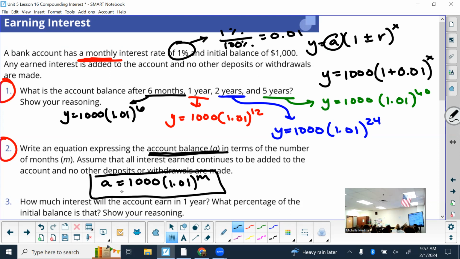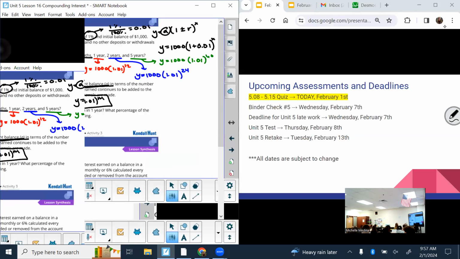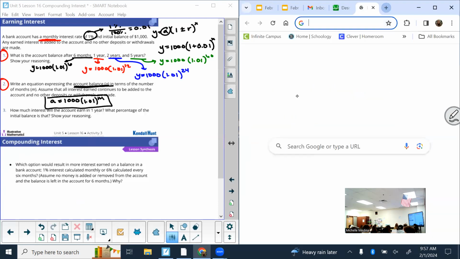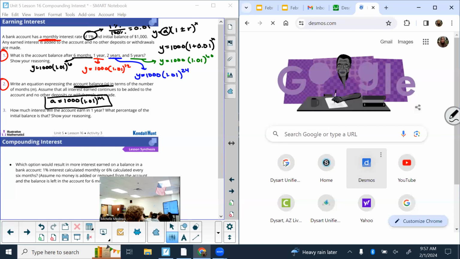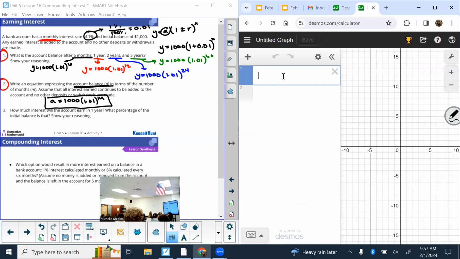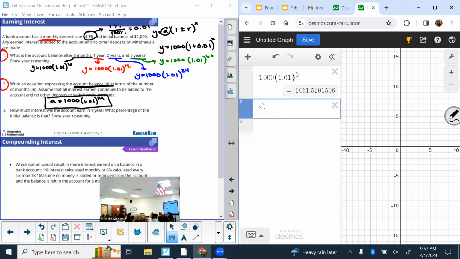All right, hopefully you know how to use your calculator by now, but just in case we don't, we're gonna put that in so that you can see. And so that we could also have the answer for our notes in case you need to refer back to it later.